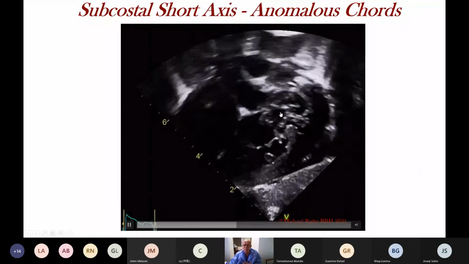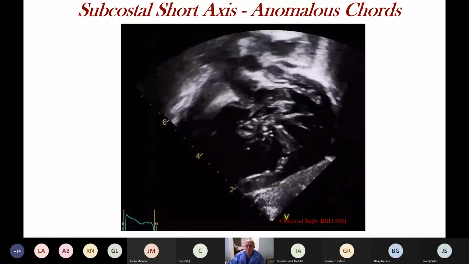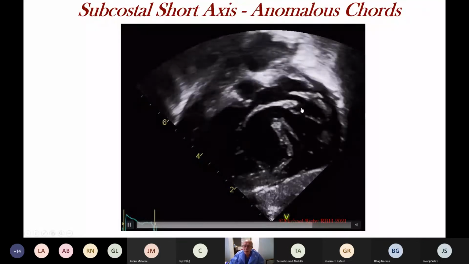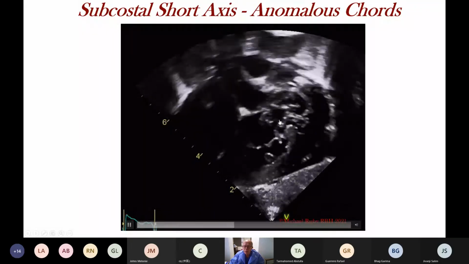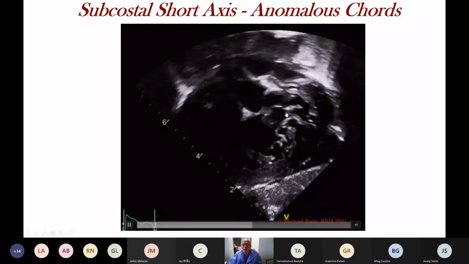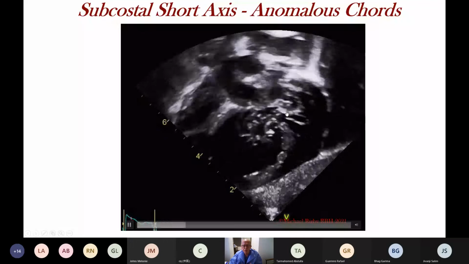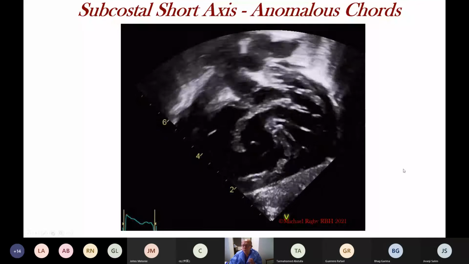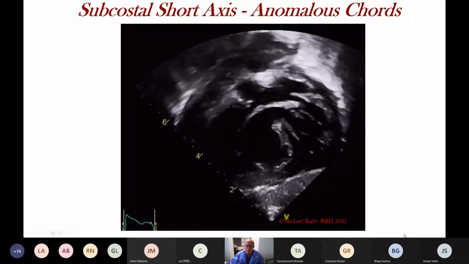It looks completely different from the normal appearances of the common valve and its leaflets in a complete AVSD. Look at this area over the left ventricle. Is it surprising the surgeon found it very, very difficult to fashion a decent left-sided valve from this anatomy? It is no big surprise at all. So this, to me, was a very, very challenging case, borderline operability to get a perfect result.